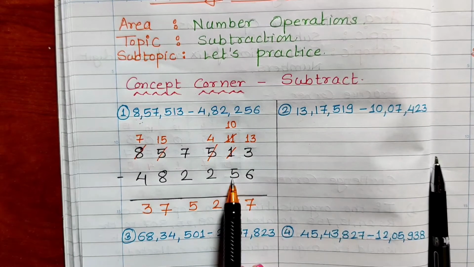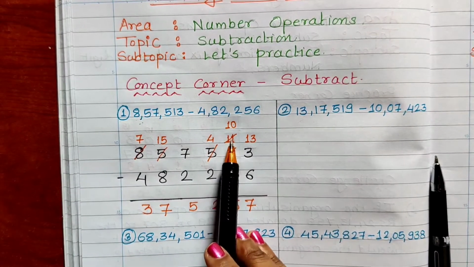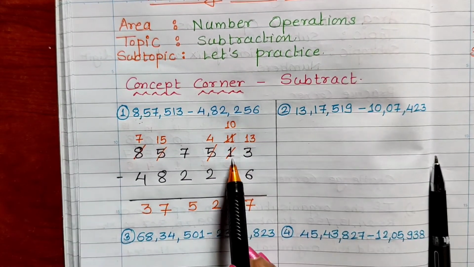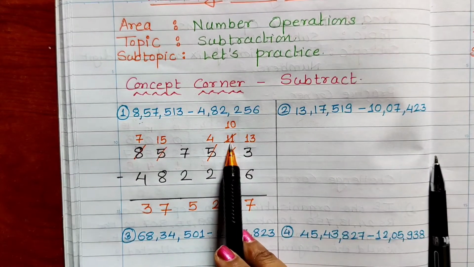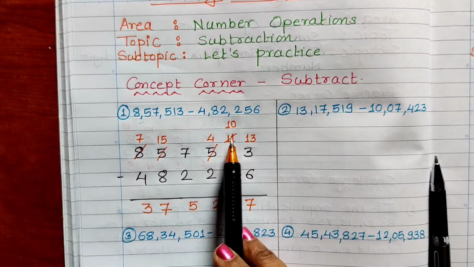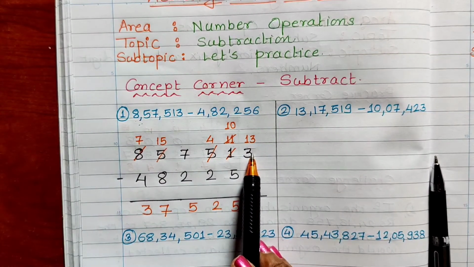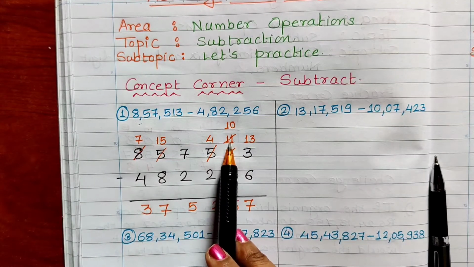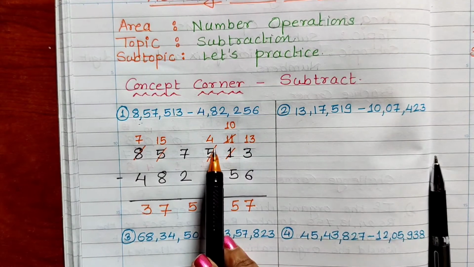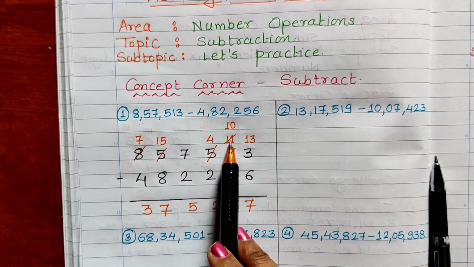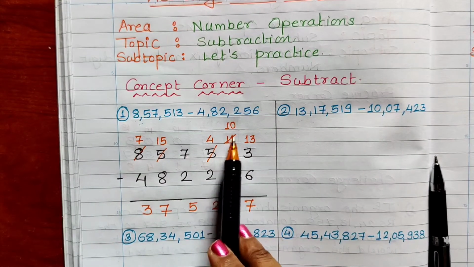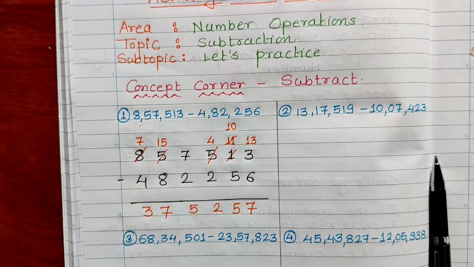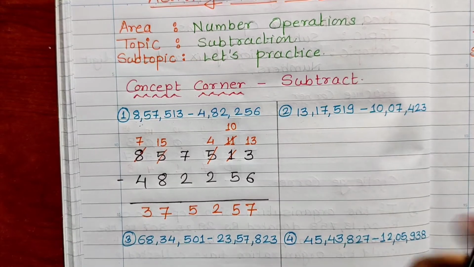If it is smaller than this number, you have to write that number properly. 1 and 5. 5 cannot be subtracted from 1, so make it 11. From this 11 we have borrowed 1, so this becomes 13. And for this 11 we have borrowed 1 from this 5, so 5 becomes 4. And now from this 11, 1 is borrowed, so 11 becomes 10. So in this way you have to write it very carefully.